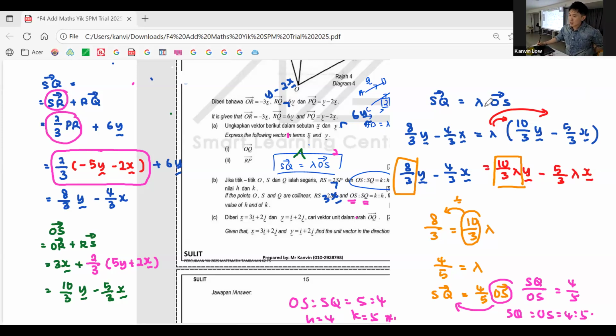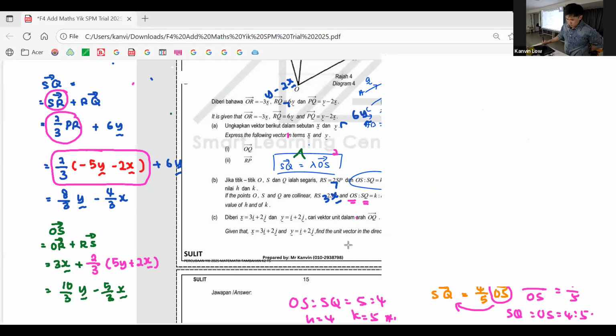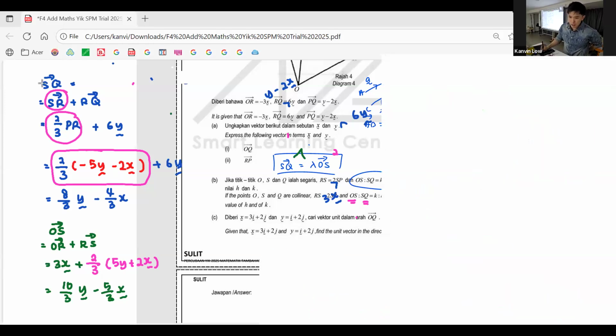Okay, so the last part is you find a lambda. You know how to find a lambda already, right? As I mentioned, what I need to find over here is OS to SQ is equal to K to H. So that's why I need to find a vector of OS and SQ.